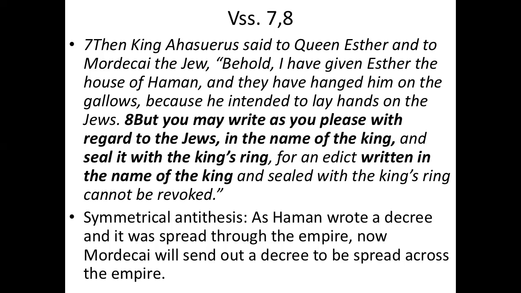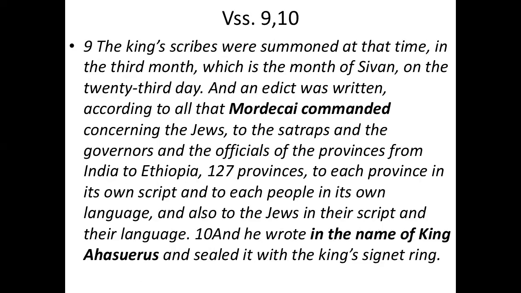As Haman wrote a decree and it was spread out through the empire, now Mordecai and Esther will send out a decree to be spread out across the empire. So again, it's part of that mirror, right? The king's scribes were summoned at that time in the third month, which is the month of Sivan, on the 23rd day.